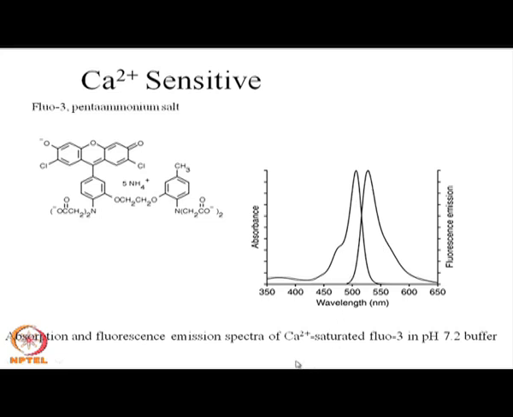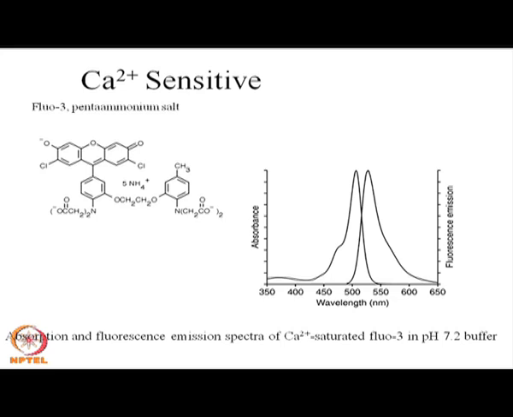And in a calcium 2 plus saturated solution at pH 7.2 buffer, this emission spectra is like this. It is called the fluo 3 pentaammonium salt. So, when you add calcium 2 plus you can expect this type of fluorescence behavior.